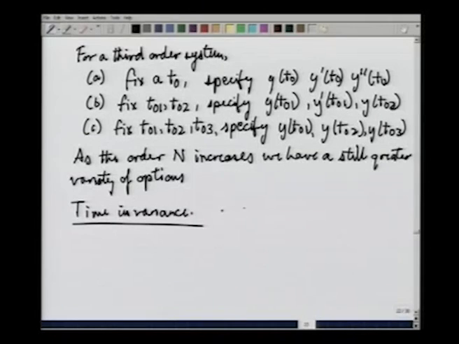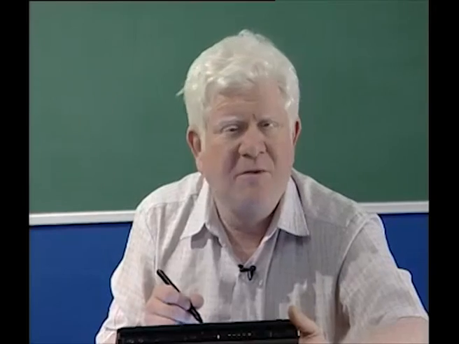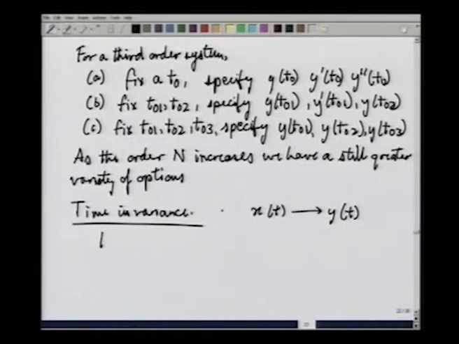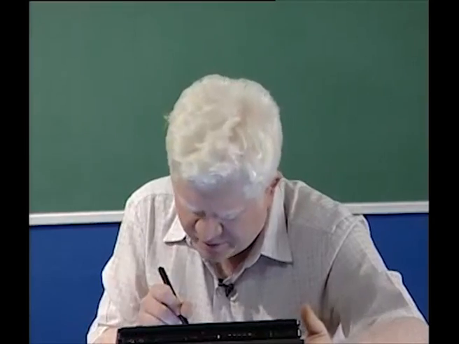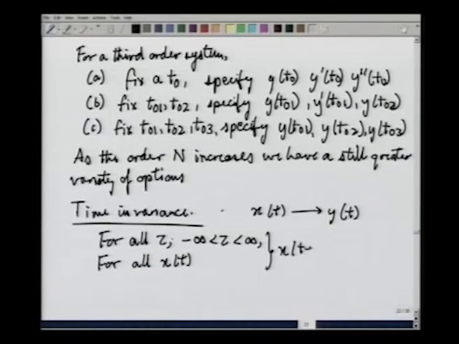If there was a system for which an input x of t yielded an output y of t, then the system is said to be time invariant if for all tau, minus infinity less than tau less than infinity, for all x of t, that is to say for all possible signals, x of t minus tau yields y of t minus tau.